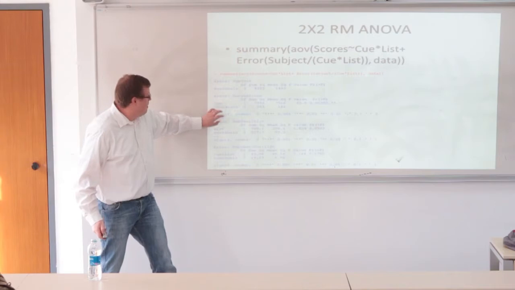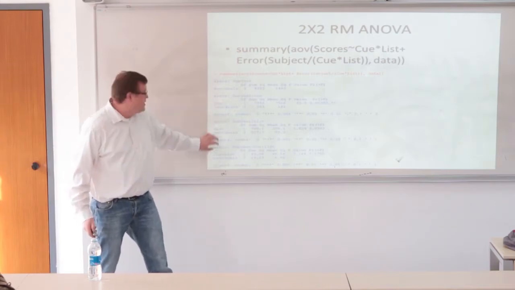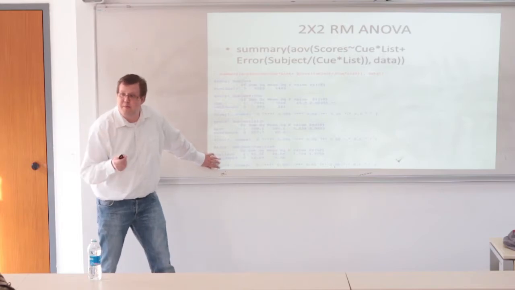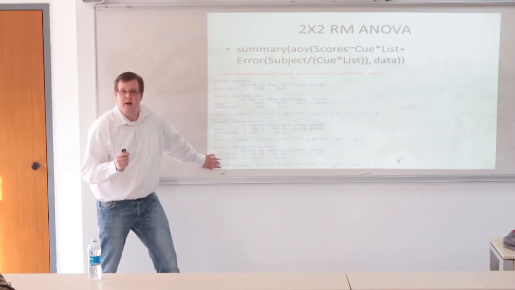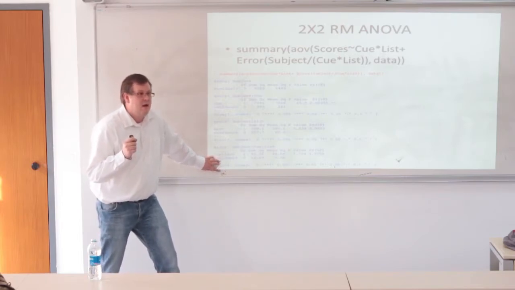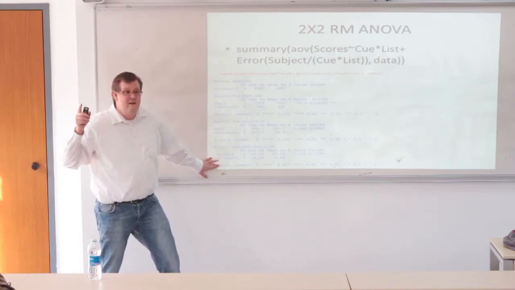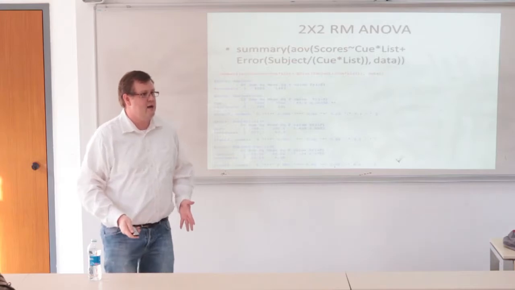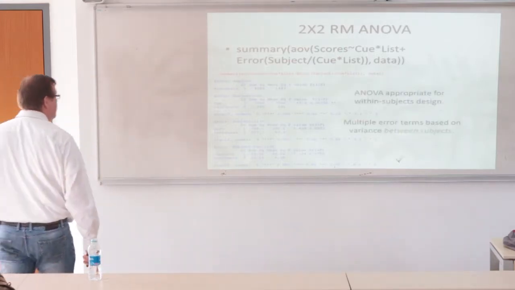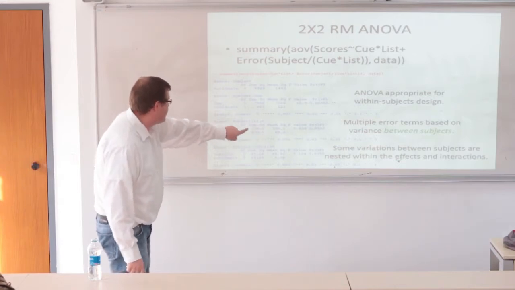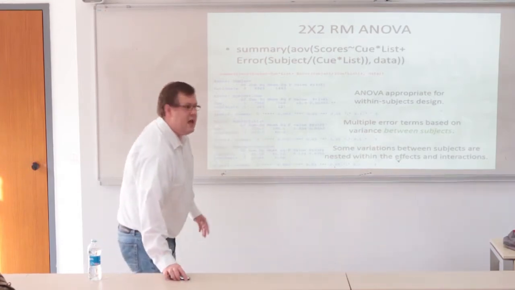Here we have multiple error terms. Each one of these is different, but each one of these is also based on between subjects variance. Yeah, between subjects variability. So some of these variations between subjects are nested within the effects in interactions, right?